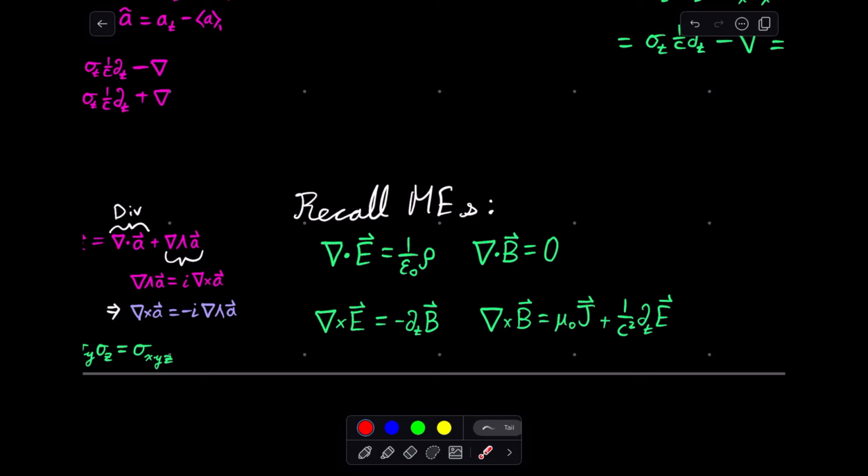And then there's the curl of the electric field, which basically says that the change in magnetic field generates an electric field. And then there's the Ampère-Maxwell law. So this was Faraday's law. You have the Ampère-Maxwell law, which says that a changing electric field and a current generates a magnetic field.